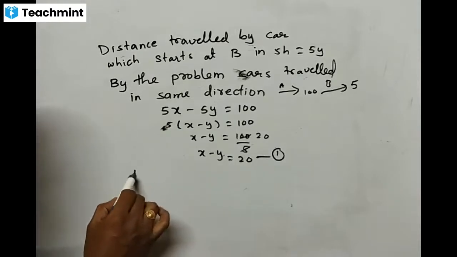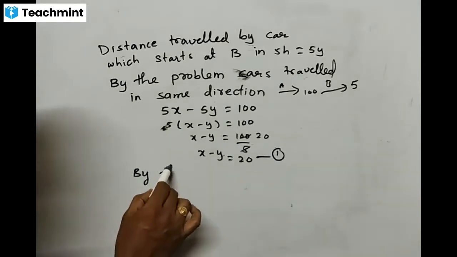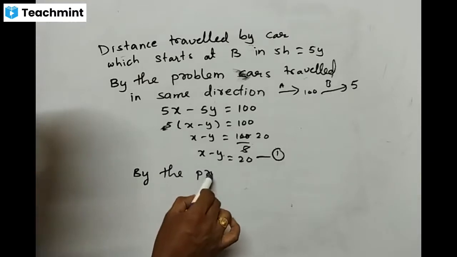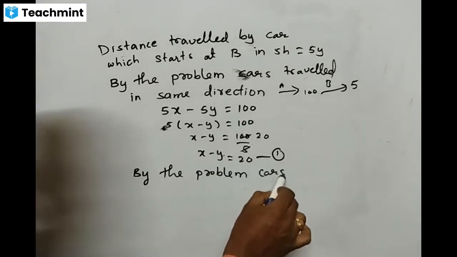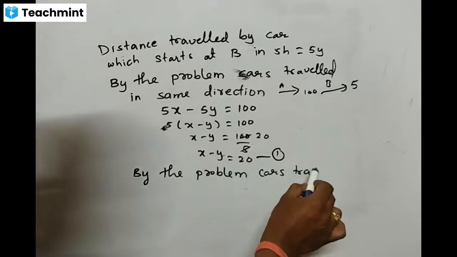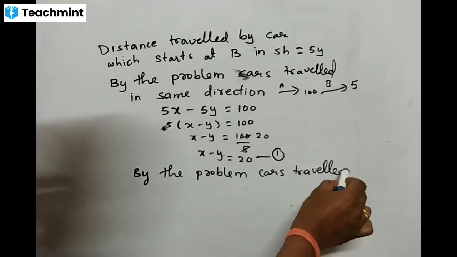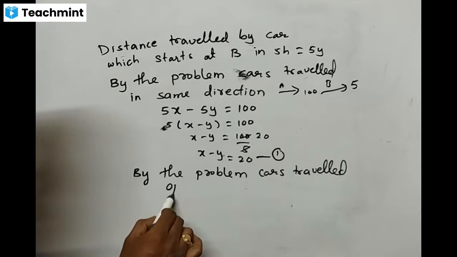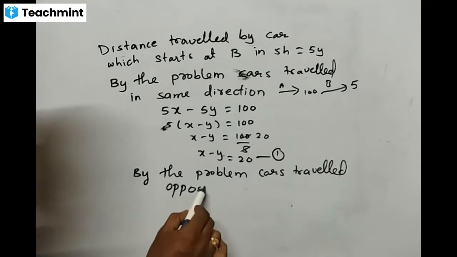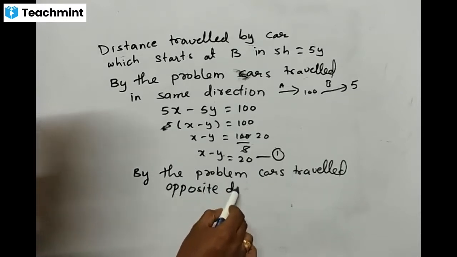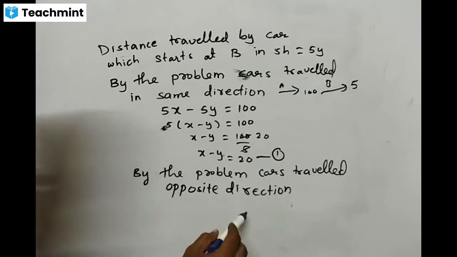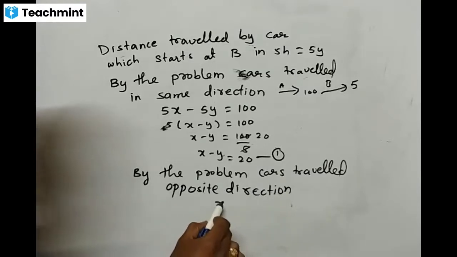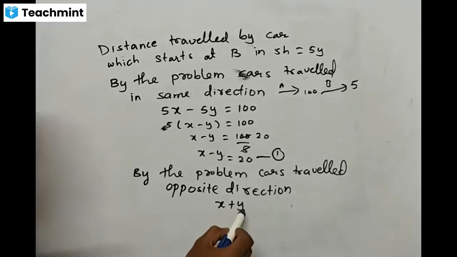Similarly, by the problem, the cars traveled in opposite directions. X plus y together is 100.